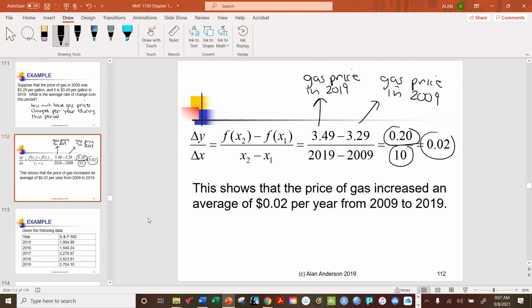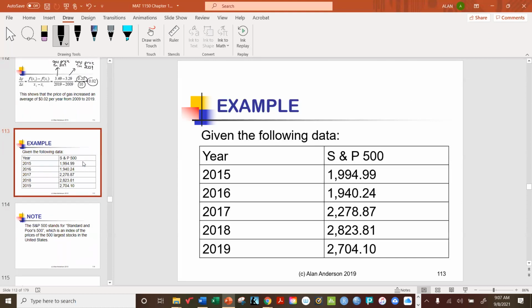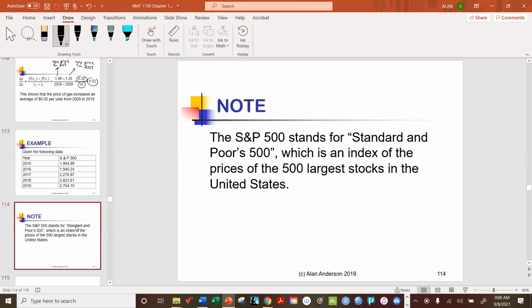All right, now here's a financial example. If you're not familiar with the stock market, the S&P 500, Standard & Poor's 500, is an index of the prices of the 500 largest stocks in the country.